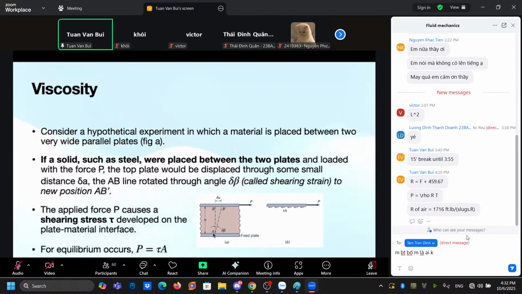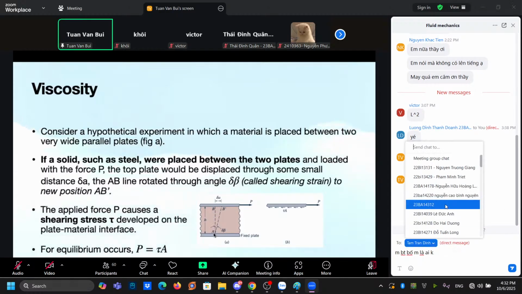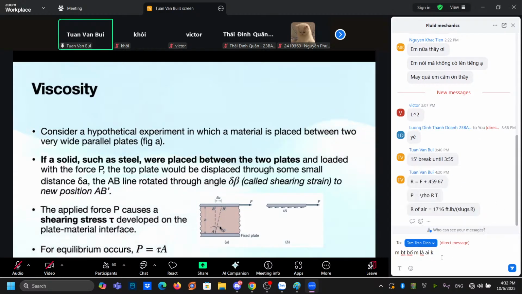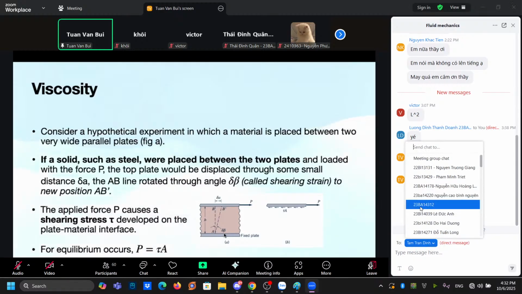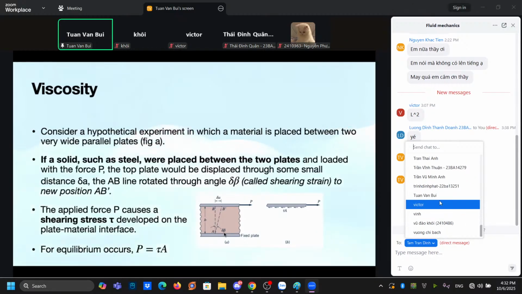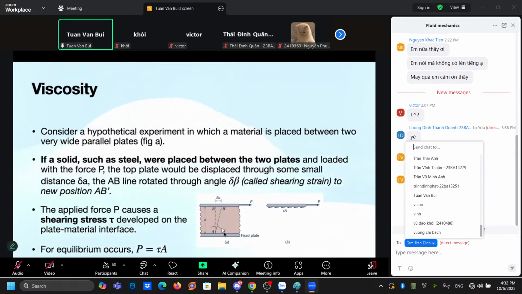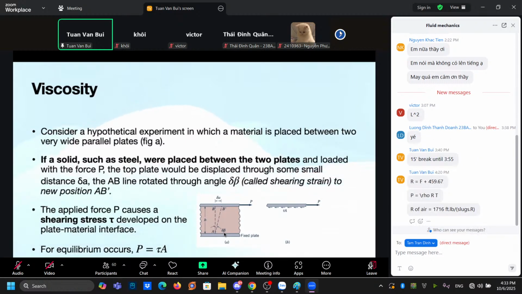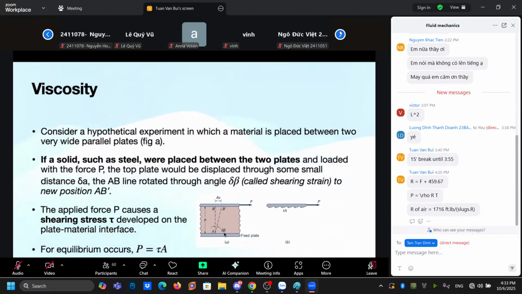The vertical line AB here will rotate through the angle delta beta, and delta beta equals the shearing strain. For an elastic solid like steel, we can expect a small angular displacement when we apply the force P on the upper plate. Okay?